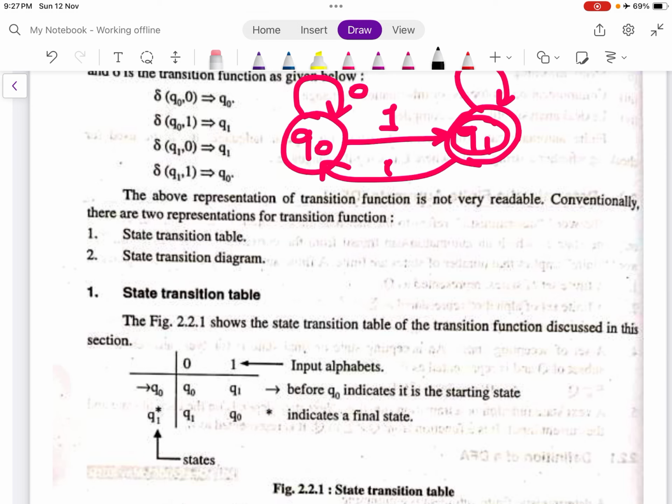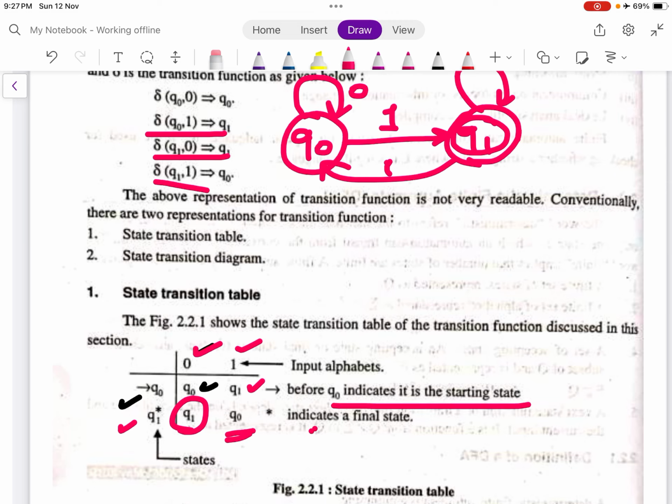So Q0 on 0 goes to Q0, Q0 on 1 goes to Q1, Q1 on 0 goes to Q1, Q1 on 1 goes to Q0.